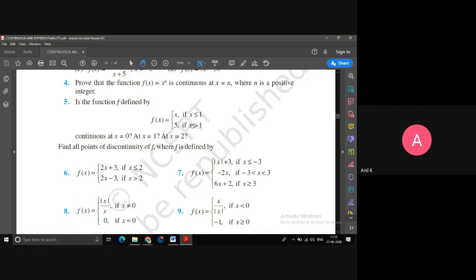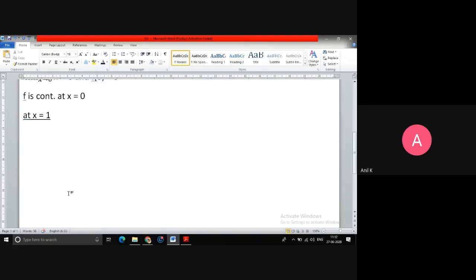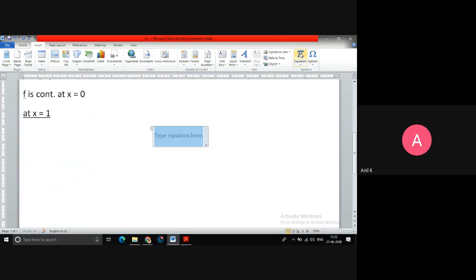So for greater than 1, my f of x is going to be 5. So here I'll check the continuity of the function at x equals 1. So let me put here at x equals 1. You can underline this one as we are going to check the continuity of the function at x equals 1. So let me see what I get here.